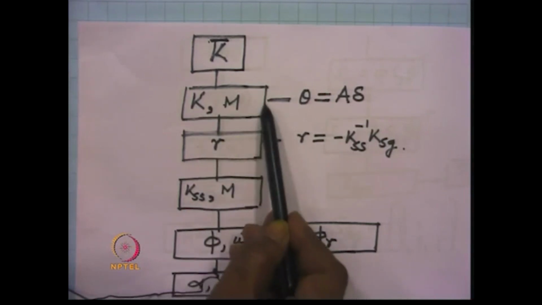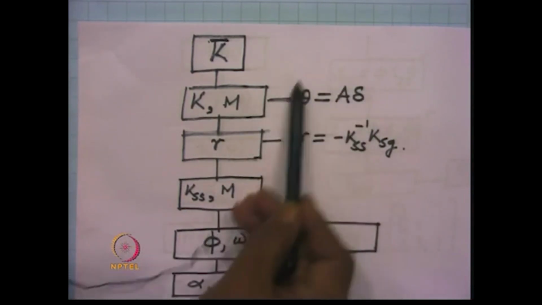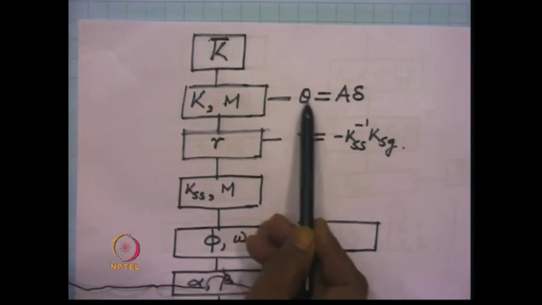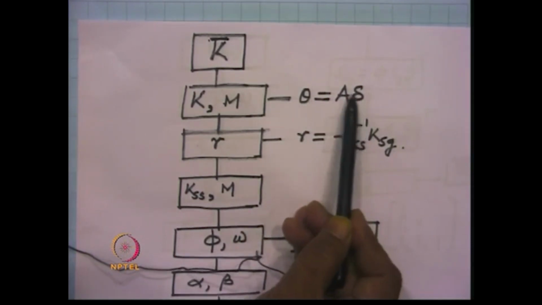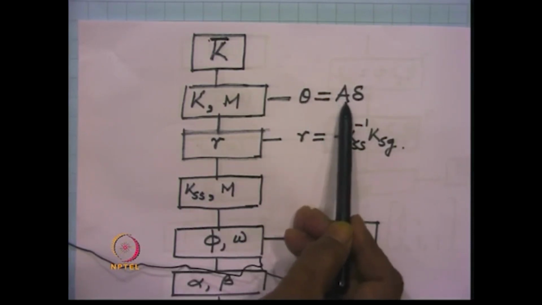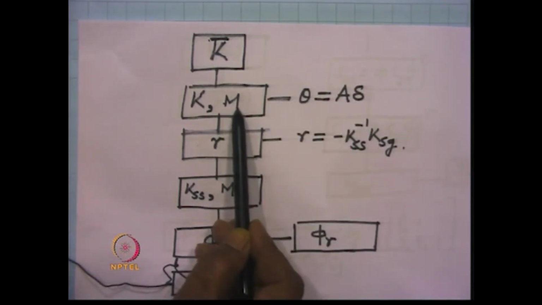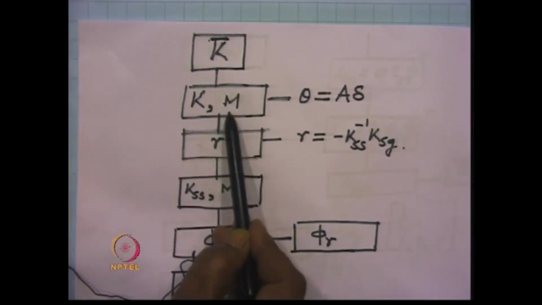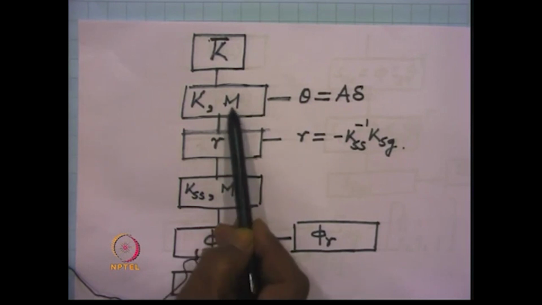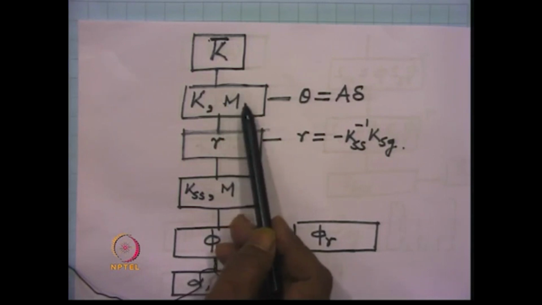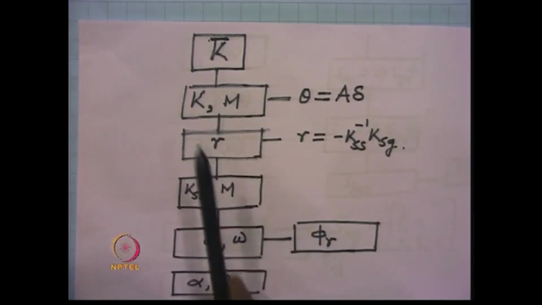At that time we store in the program the relationship that exists between the theta degrees of freedom and the displacement degrees of freedom, which is related through a matrix A, and this matrix A can be easily obtained from the condensation relationship. And M is generally the diagonal mass matrix, but it need not be diagonal. It can also be a coupled matrix depending upon the problem which you have seen before.